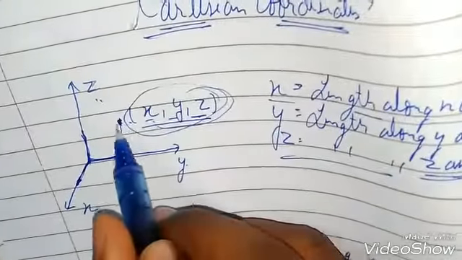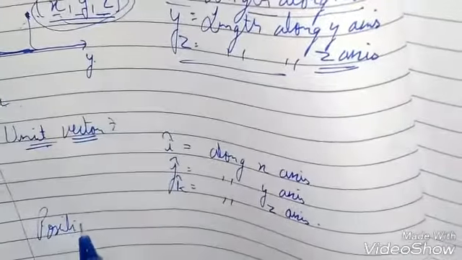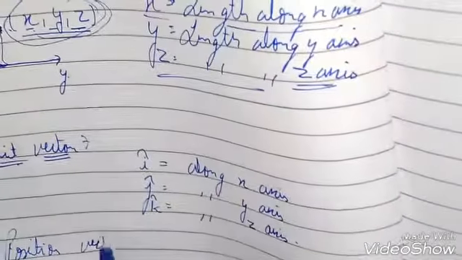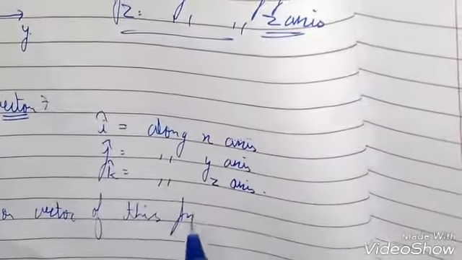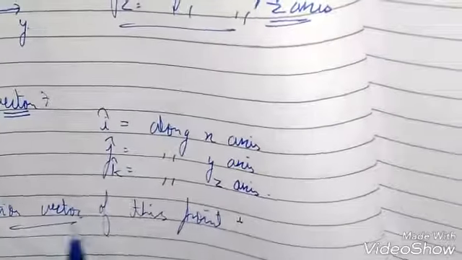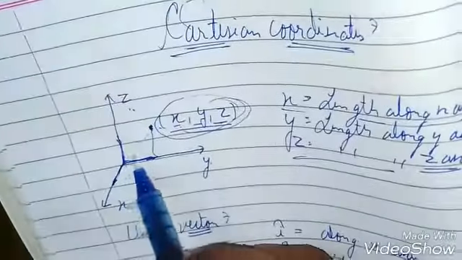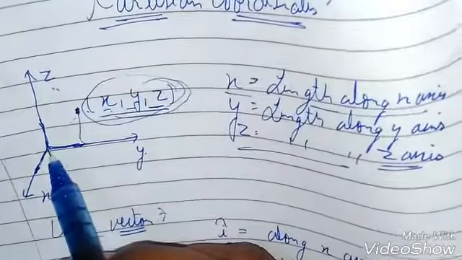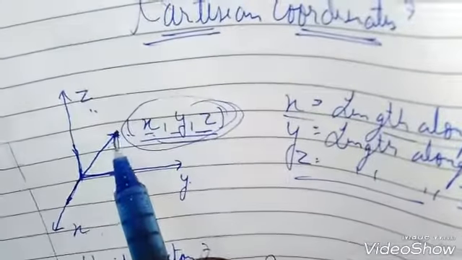Now let's talk about the position vector of this point. In the Cartesian coordinates, a position vector is a kind of vector which joins this point with the origin, and this is a vector quantity.